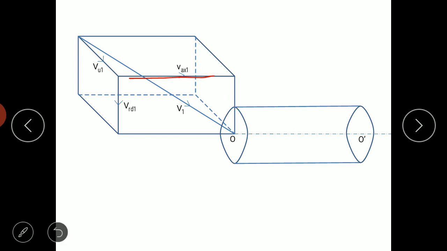If you consider VRD1, this is also VRD1 because both are parallel, so this also does not make the wheel rotate. Now we have VU1. Only VU1, either this, this can also be VU1.